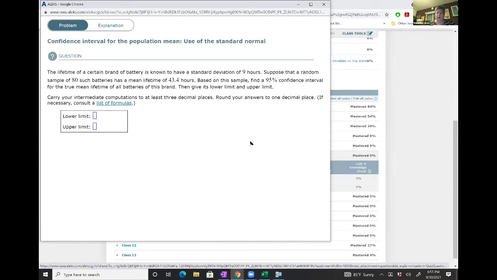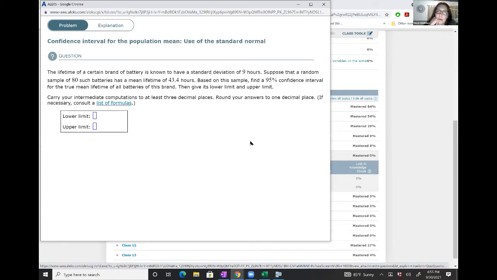All right, tell me, what is the mean? What is the standard deviation? The mean is 43.4 hours. We want 95% again, so the z-score is equal to 1.96. Very good. What's the standard deviation?